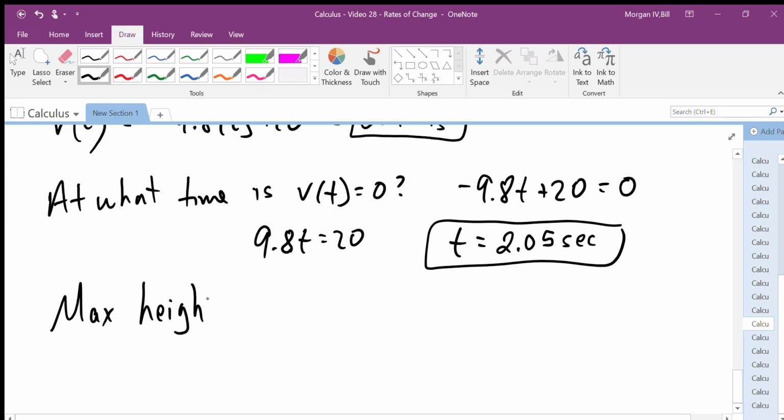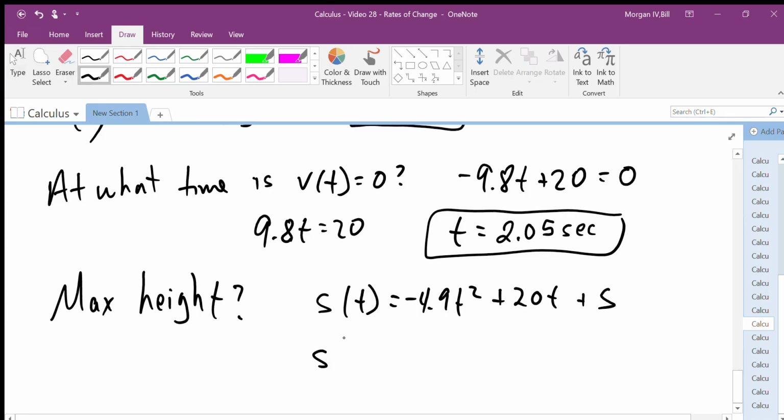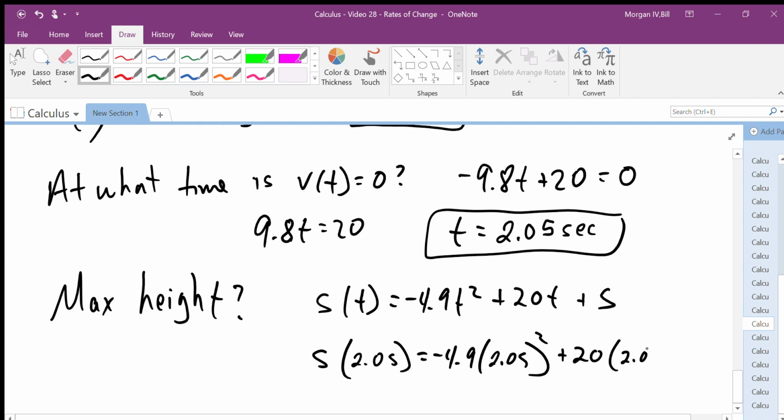In this case, that is a relative extrema, a relative maximum. That will occur, go back to the position function, s of t, negative 4.9 t squared, I believe it was plus 20t plus 5. So s of 2.05 is negative 4.9 times 2.05 squared plus 20 times 2.05 plus 5.